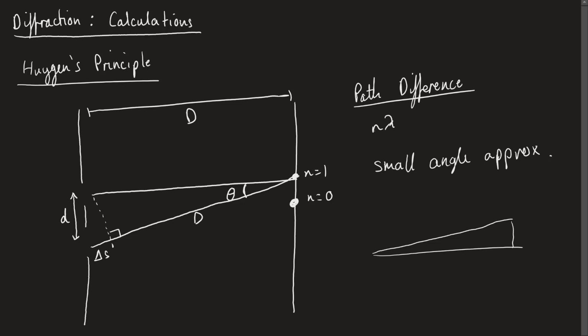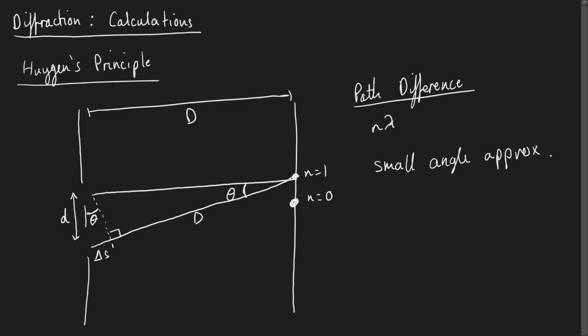So now we can apply some more trigonometry, because we can say that if this angle here is theta, then this angle here is going to be 90 minus theta, which means this is a right angle here, so this angle here is also theta. This angle here is theta, and this length is what we're trying to work out.